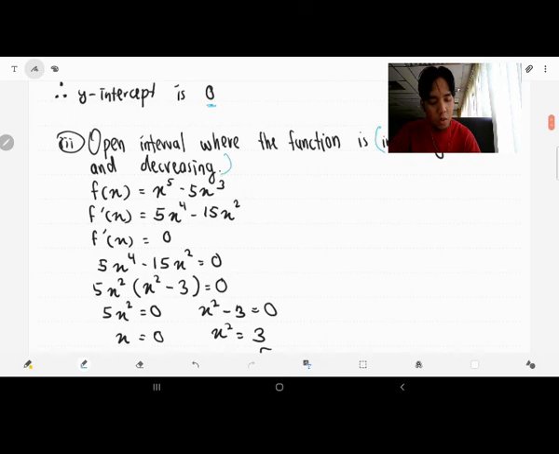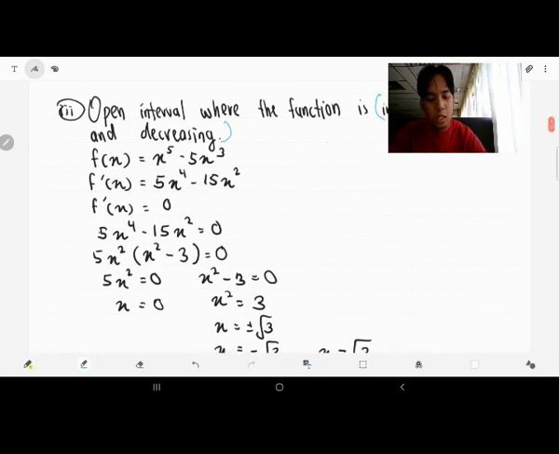Next we have to find the open intervals where the function is increasing and decreasing. For this part, we have to differentiate the function for the first derivative. This is the first derivative, from f(x) to f prime x. To differentiate this, we get 5x^4 minus 15x^2.